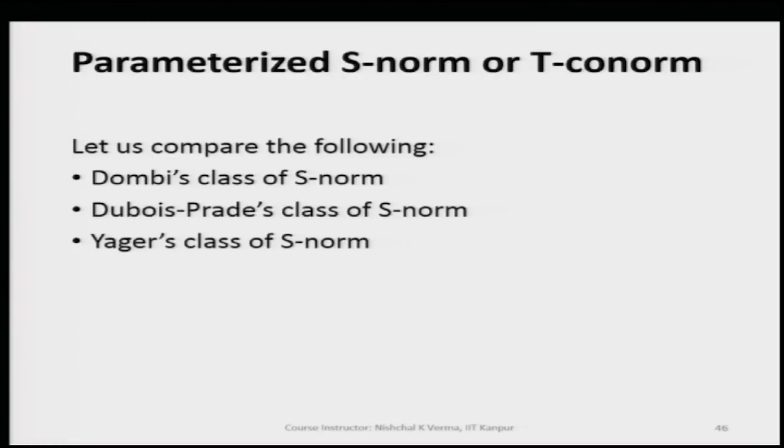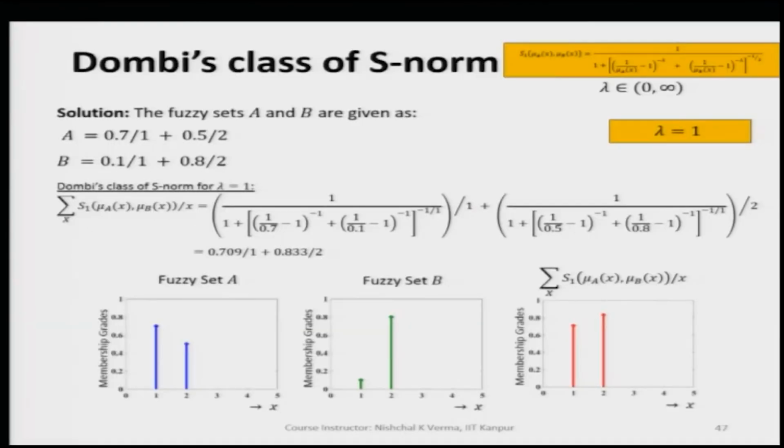Let us see what happens when we are increasing the values of lambda in case of Dombi's class of S norm, alpha in case of Dubois-Prade class of S norm, and w in case of Yager's class of S norm. This we have already discussed, but I would like to just summarize and conclude here.